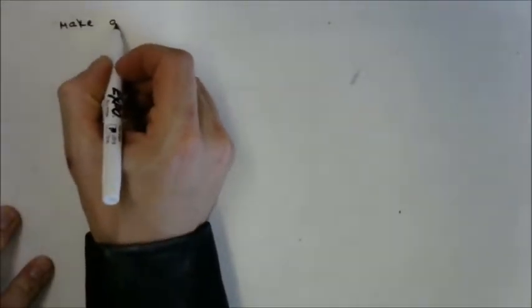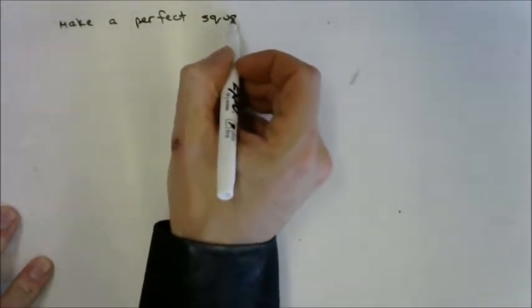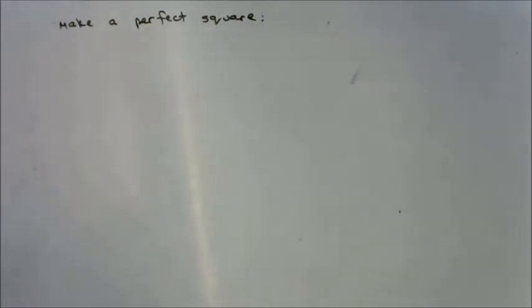The first thing I'm going to do is show you how to make a perfect square. Now, there are full lessons on this in your videos. This comes from lesson 5.2 and 6.1. The steps that you need. So here's a few problems.